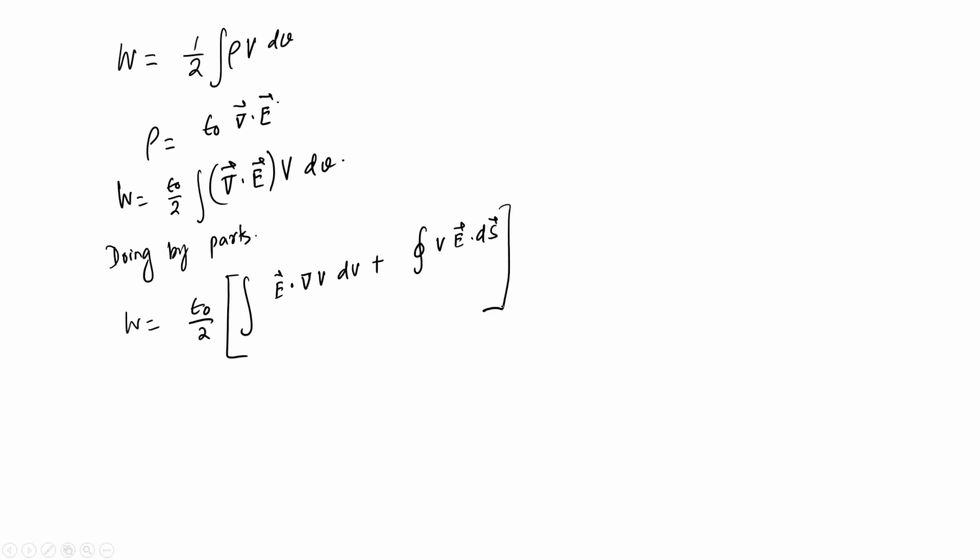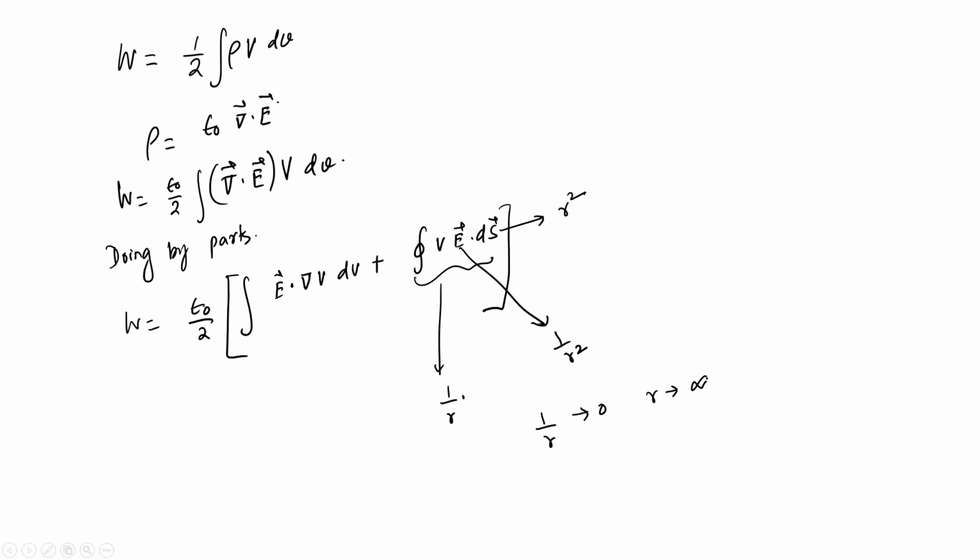This is the general definition, but the surface term actually does not contribute, because V goes as 1 over r, E goes as 1 over r squared, and the surface grows as r squared. So, the whole dependence is still as 1 over r. Now, this term can go to 0 if r goes to infinity.